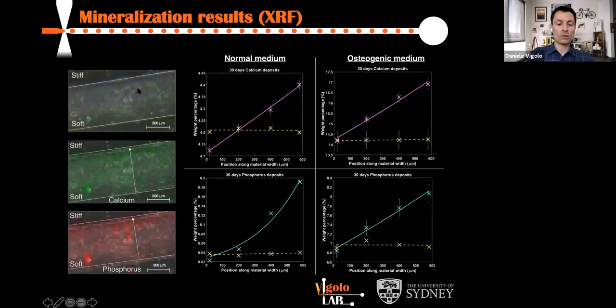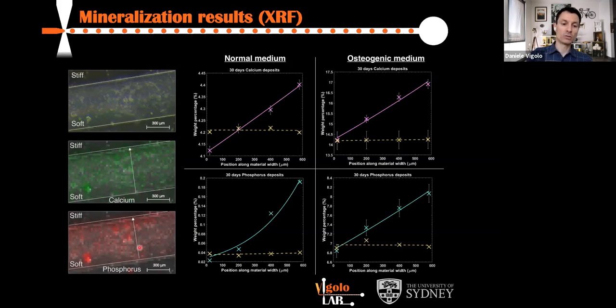So if you see here on the left-hand side, this is just a picture of the material under the XRF, so in a vacuum. And we can map essentially the whole material for different minerals, in this case, calcium and phosphorus.